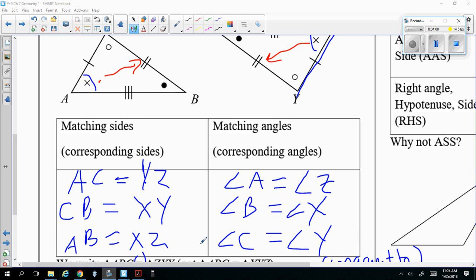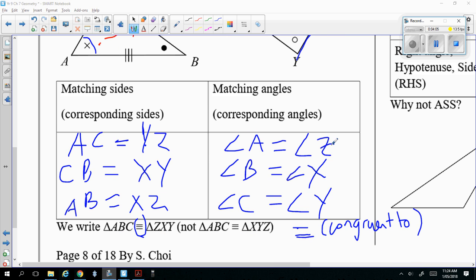In congruent triangles, A matches with Z, B matches with X, C matches with Y. So if I write ABC, I have to write ZXY in the same order. Because Z matches with A, X matches with B. When we write down 2 triangles are congruent, we have to write them in the same matching order. Does that make sense, Luca? So ABC is ZXY because Z matches with A, X matches with B, Y matches with C. Okay, good question. Let's continue.